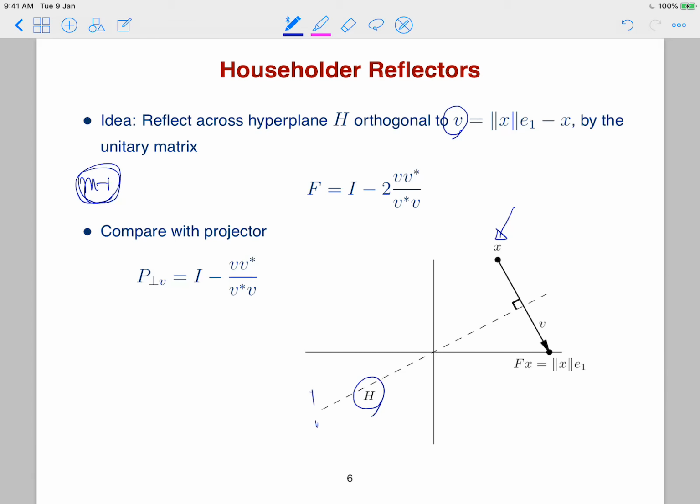This (m-1)-dimensional hyperplane has the property of a single particular vector, a one-dimensional vector, that is orthogonal to any vector in this hyperplane. That's how we define this hyperplane.